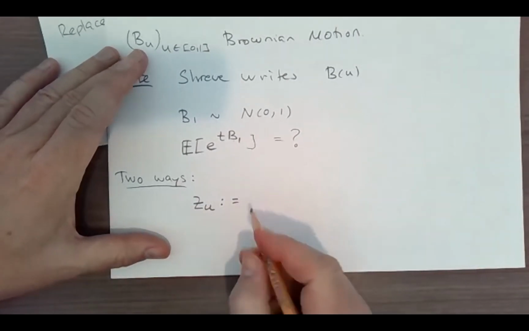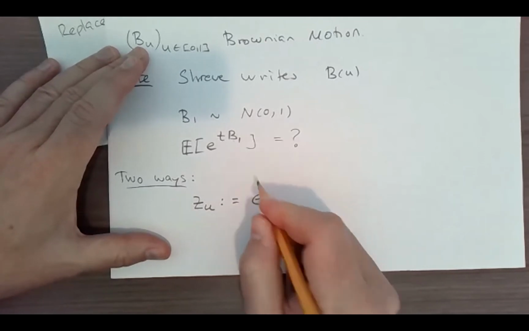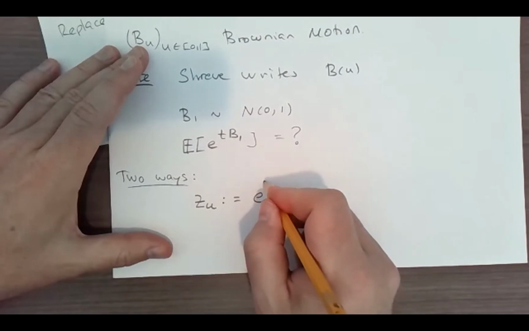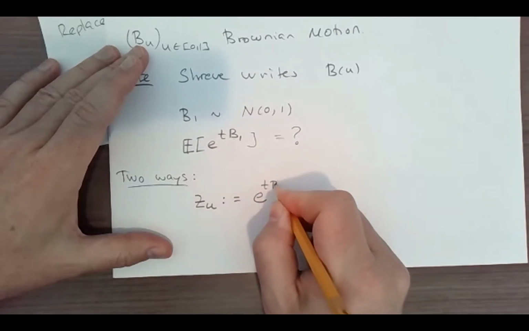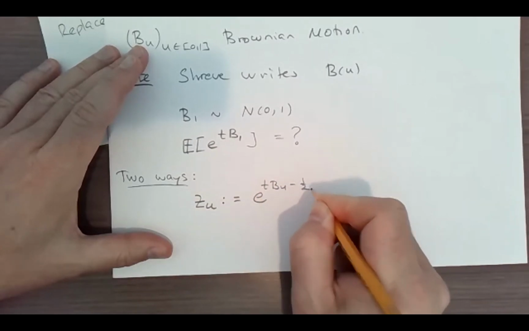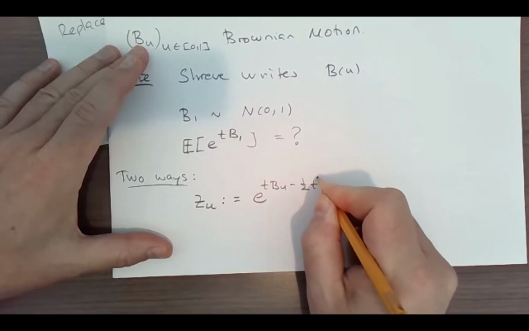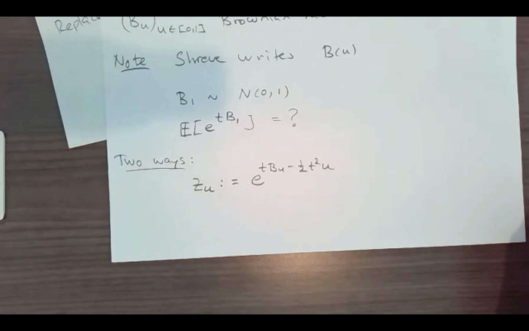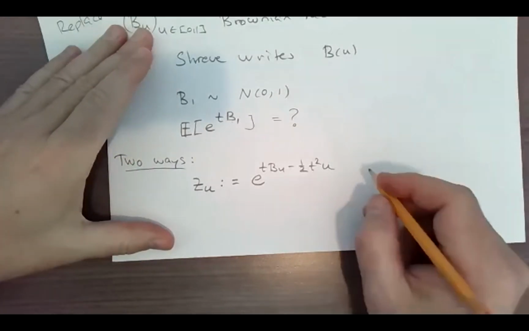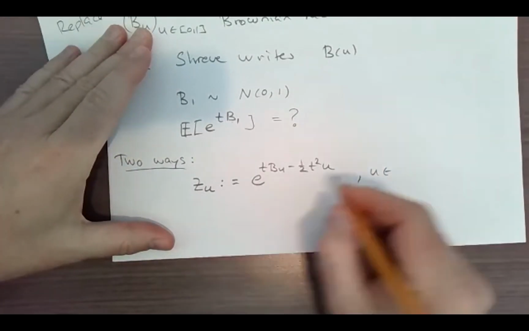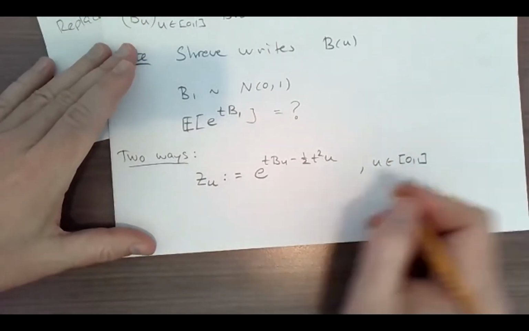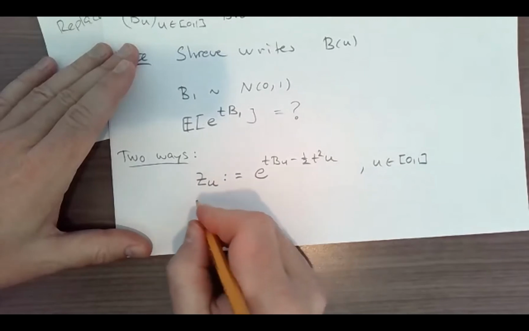But if you take an object and you exponentiate the Brownian motion, so you get a t here, and then you have B_u minus, say, 1/2 t squared u. If you define this object here, and u is living between 0 and 1, well, then you get a martingale.